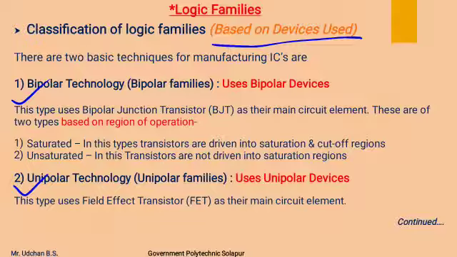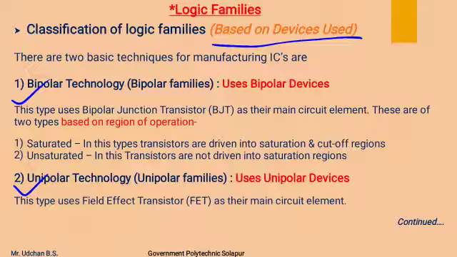In other words, in bipolar devices the current flows due to the electrons and positive holes, whereas unipolar devices are the devices in which the current flows due to either majority carriers or minority carriers. In other words, in unipolar devices the current flows mainly because of electrons or the holes.